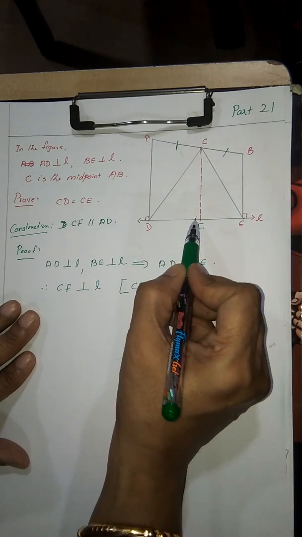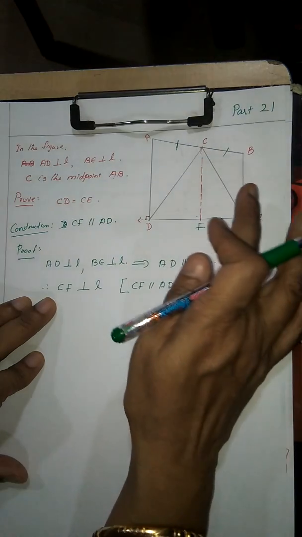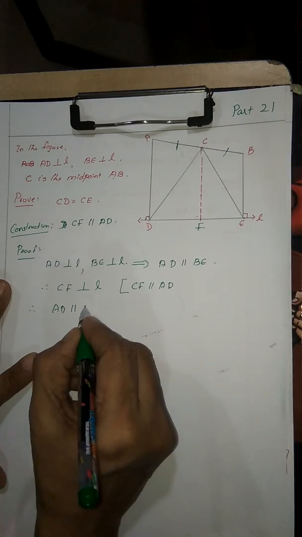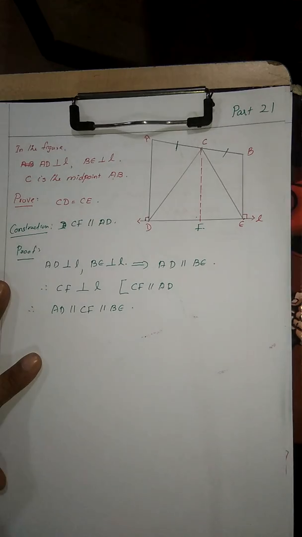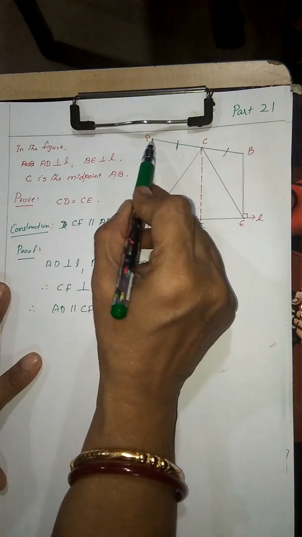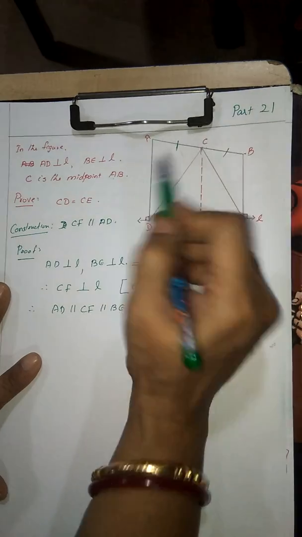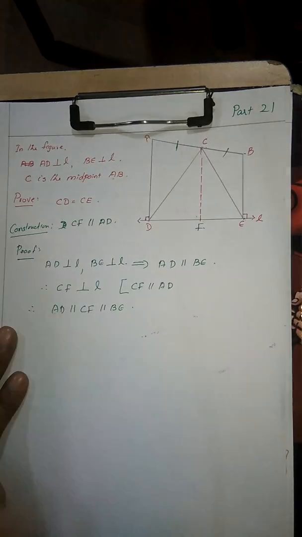So since this is 90, this is also 90. Now all the three lines are parallel: AD is parallel to CF is parallel to BE. Now it is given AC is equal to BC. Therefore DF is equal to FE.